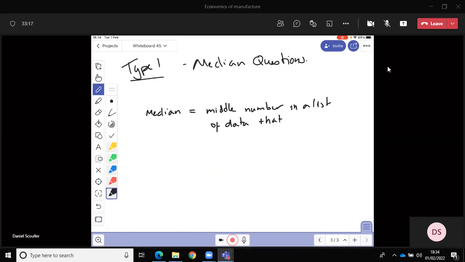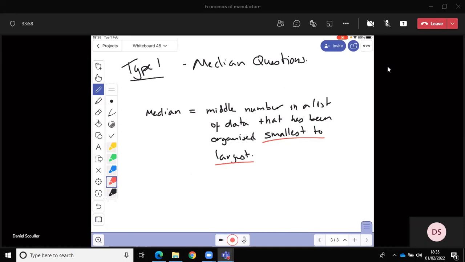So a middle number in a list of data that has been organized, okay, typically smallest to largest. Okay, now in the question you might be asked to organize that. Okay, so it's not always given to you in an organized fashion. Okay, so to find the median, putting it smallest to largest, it will then be the middle number in that. Okay, now that's not always an exact number, but again, we'll look at that in the example.